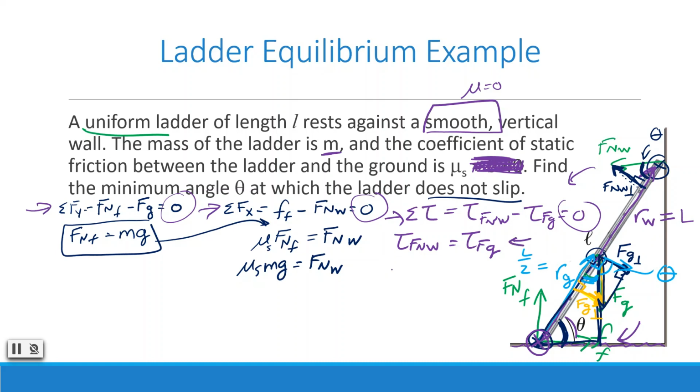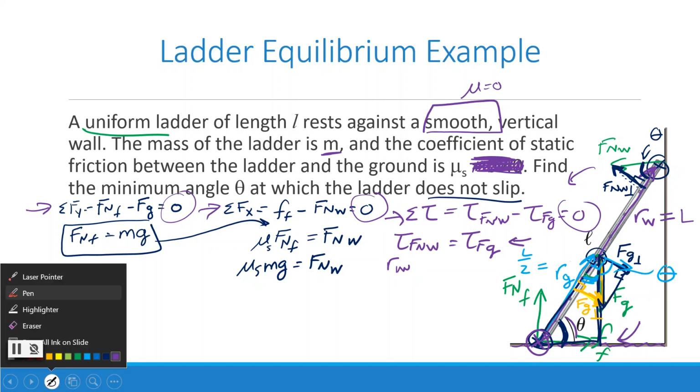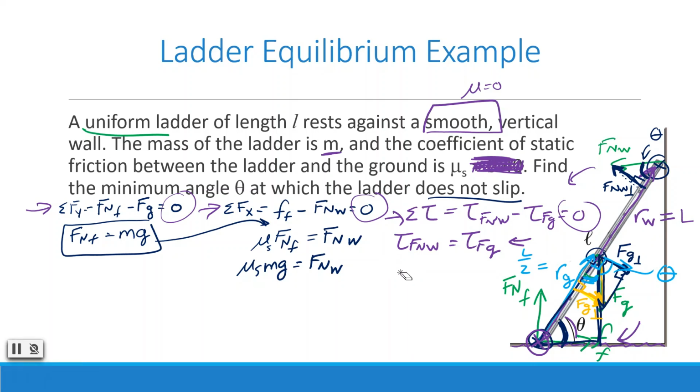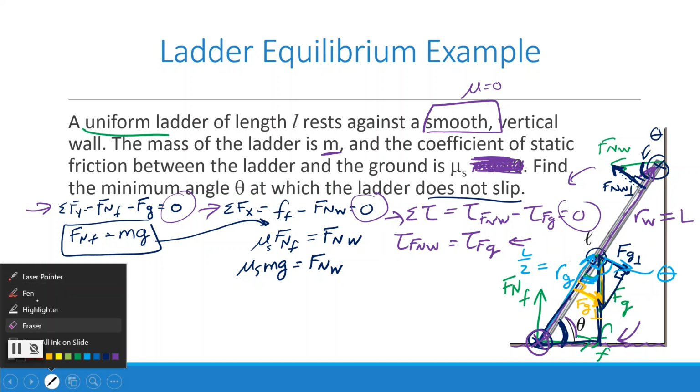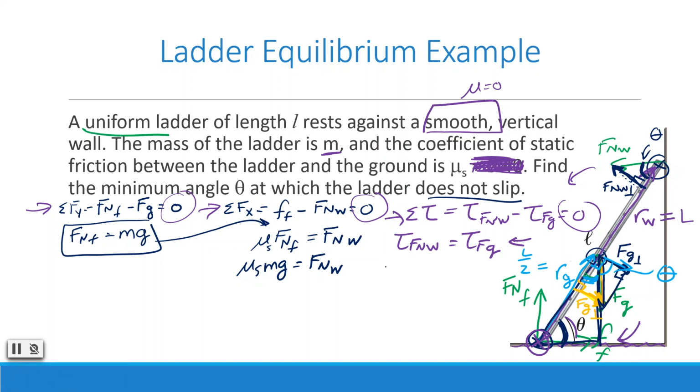The torque due to FNW is going to be RW, based on what I defined here, times the force FNW, and then the perpendicular component of that.